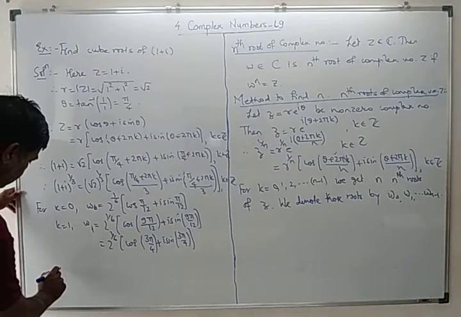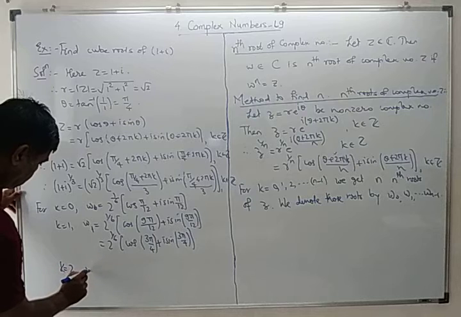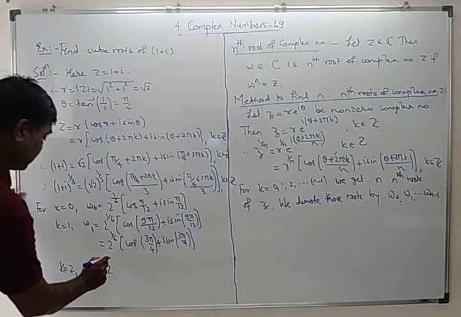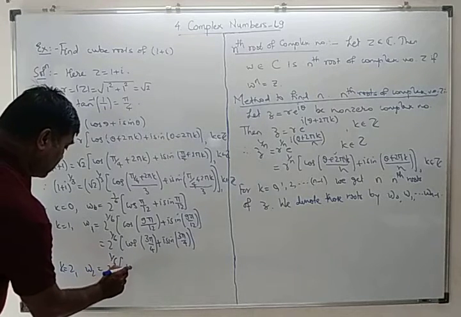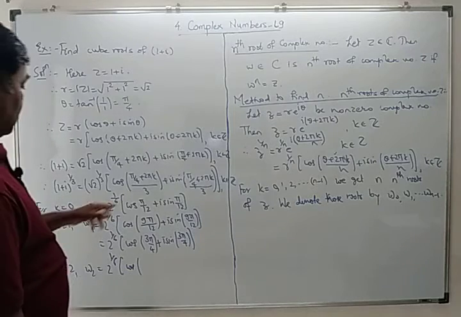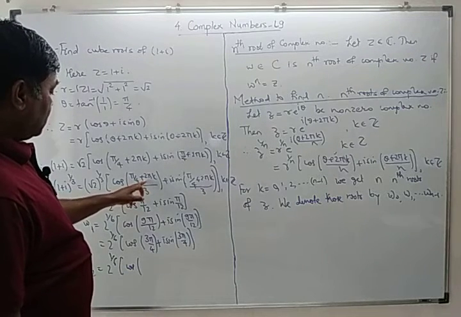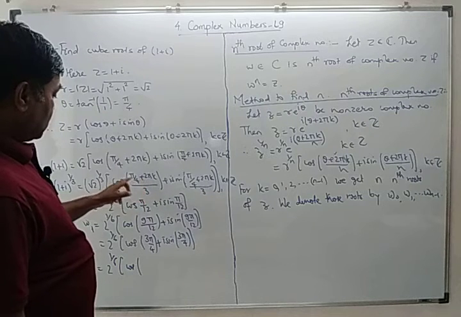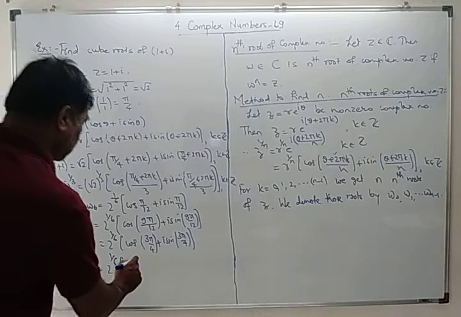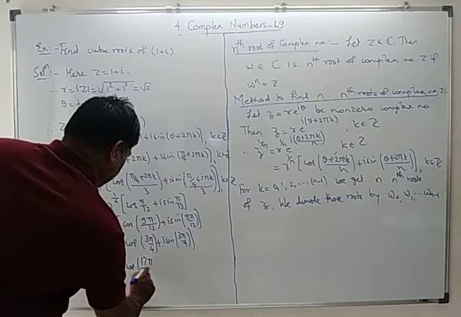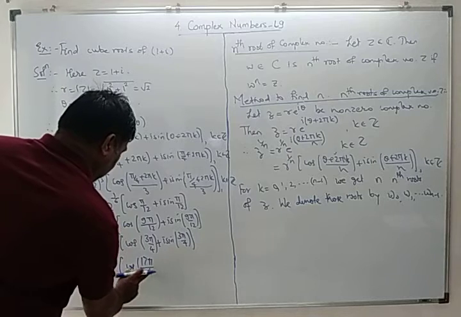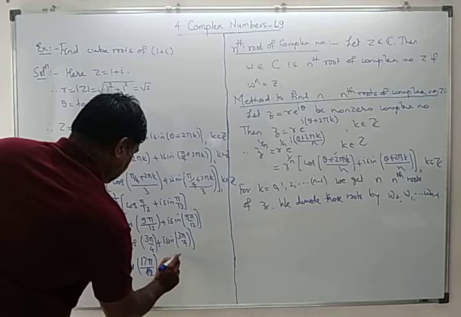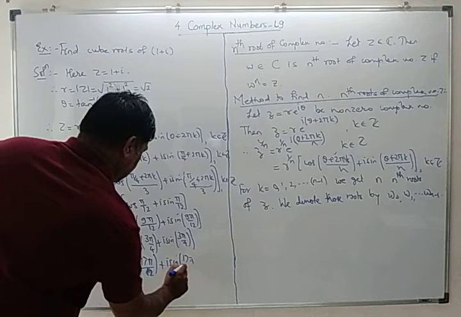For k equal to 2, w2 is equal to 2 raised to 1 by 6 into cos of, if I put now 2 here, we will get 16 plus 1, 17 pi by 12, plus i sin 17 pi by 12.